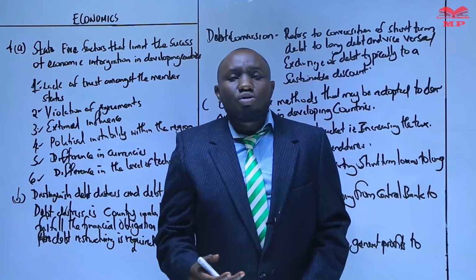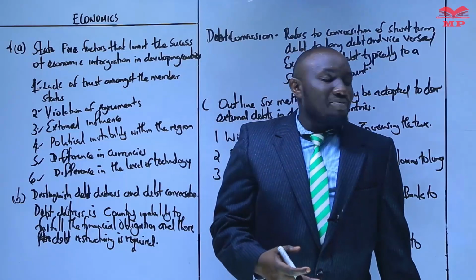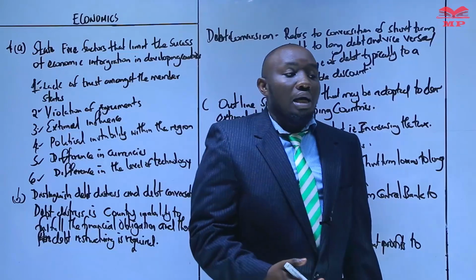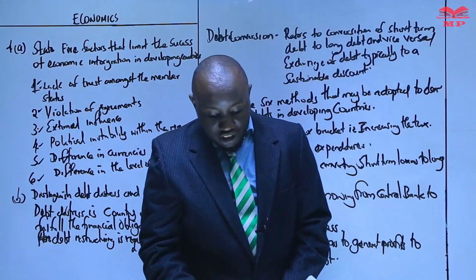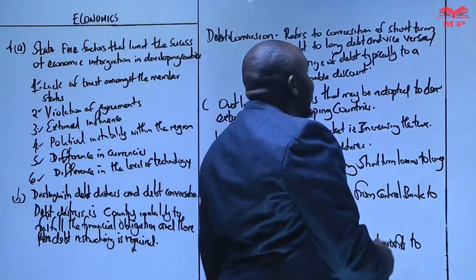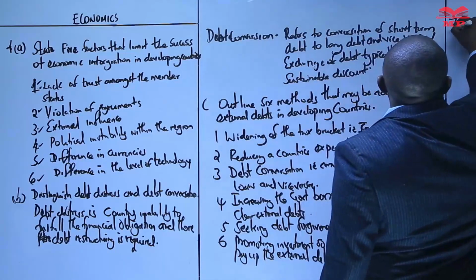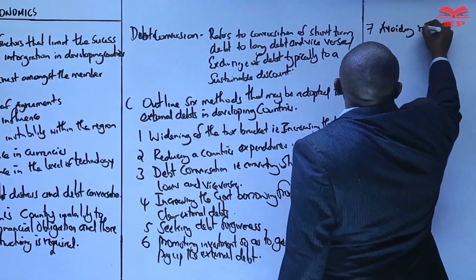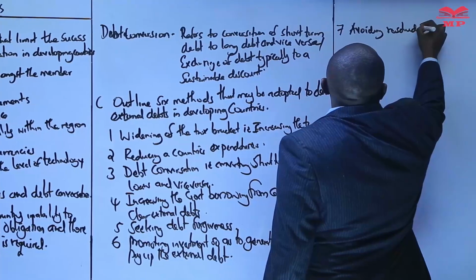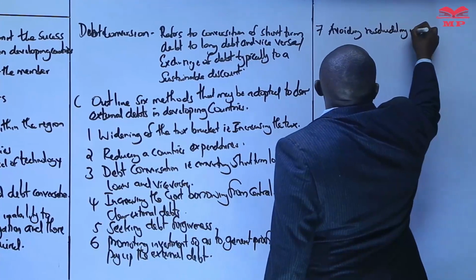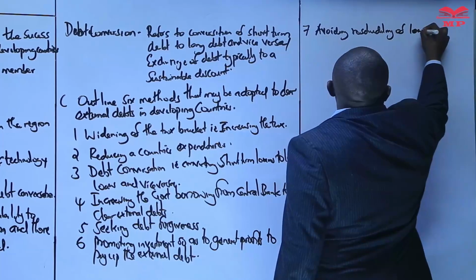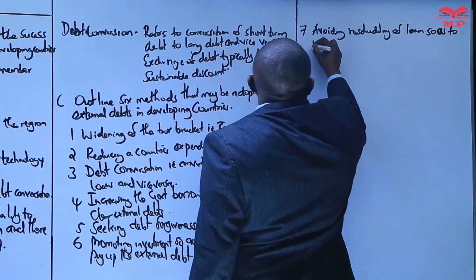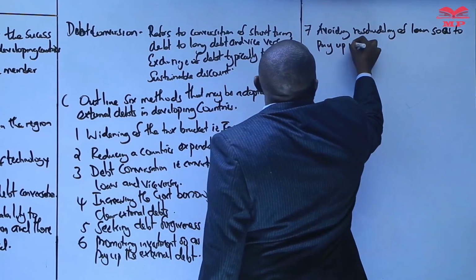They can also decide to avoid rescheduling of the loan. That touches on conversion, but we can have it as the last: avoiding rescheduling of the loans so as to pay up in time.